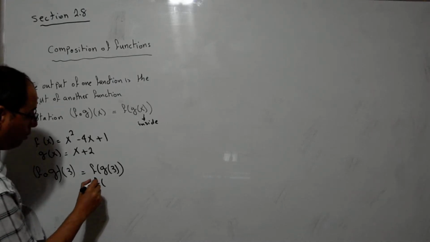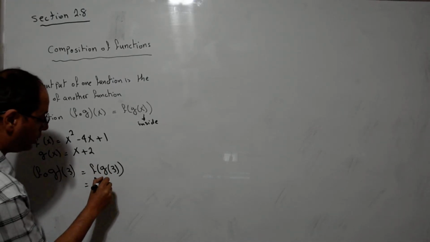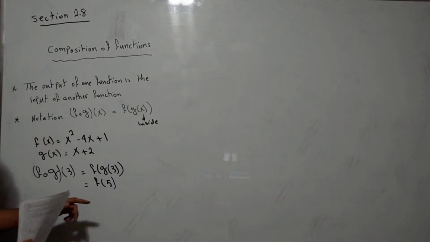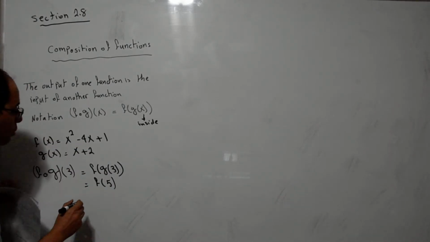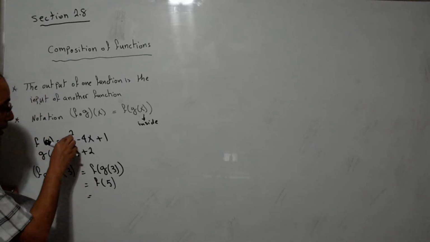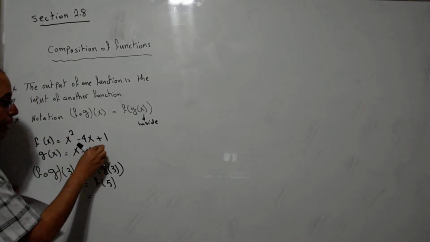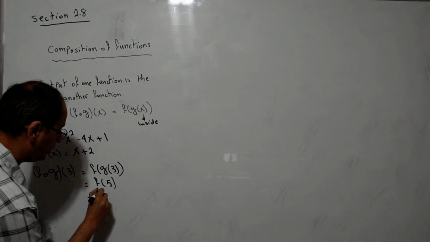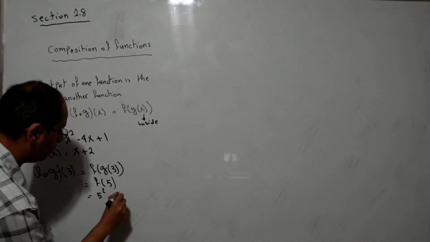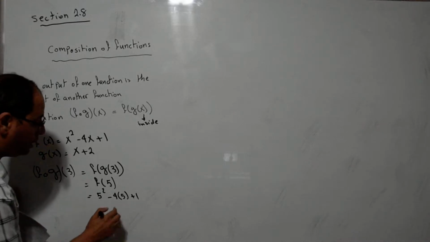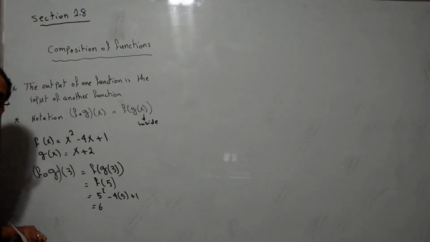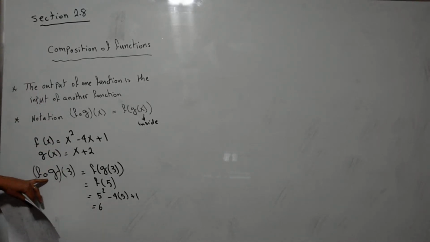So that is f of g of 3, which is f of 5. What is f of 5? 5 squared minus 4 times 5 plus 1. So 25 minus 20 plus 1 is 6. So f of g of 3 is 6.